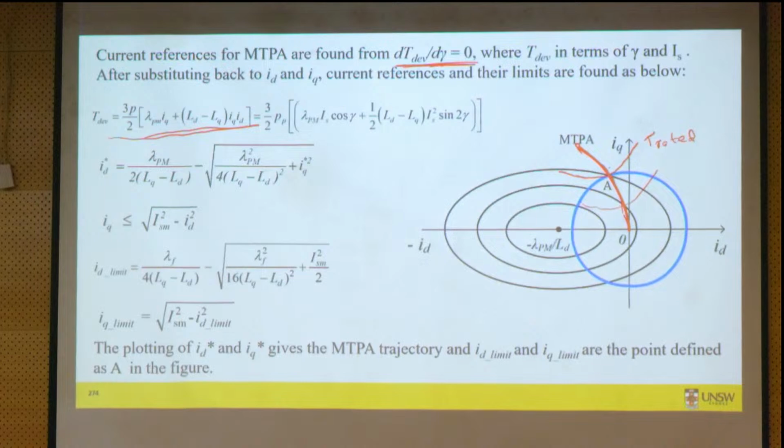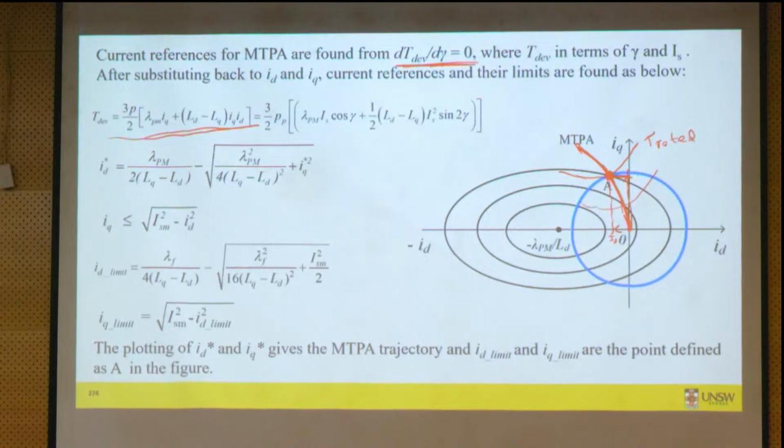So if we are operating at the rated torque, rated speed, then this is my operating point under MTPA for an IPMSM. So I have a particular IQ current. This is the IQ current in the Q axis, and here is your particular ID current. So we need to find what is this ID current and what is this IQ current as my reference for MTPA. Okay.